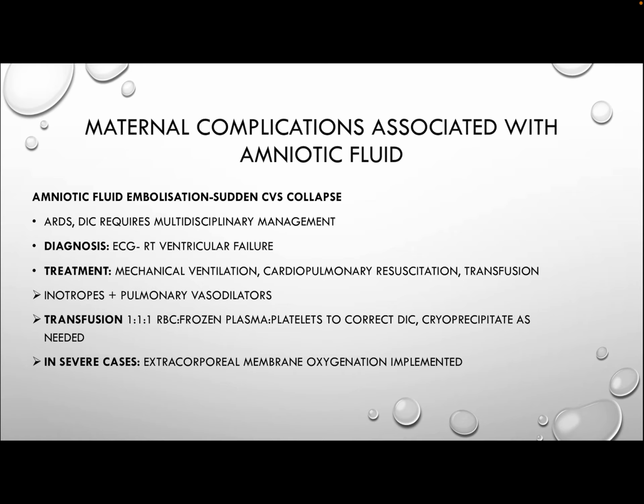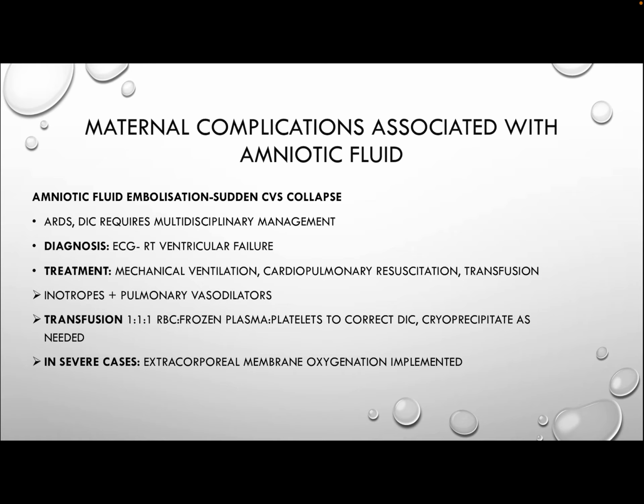Diagnosis can be done on an ECG, which will show a right ventricular failure, and treatment involves mechanical ventilation, cardiopulmonary resuscitation, transfusion, and the use of inotropes plus pulmonary vasodilators.